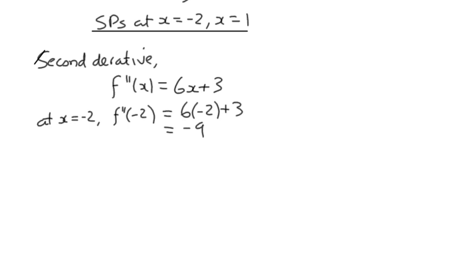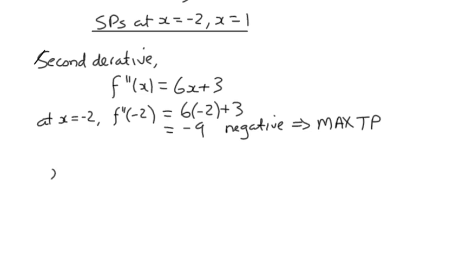So the value of the second derivative when x is negative 2 is negative 9. What does that mean? That is a negative value, which implies, if that's negative, it's a maximum turning point.